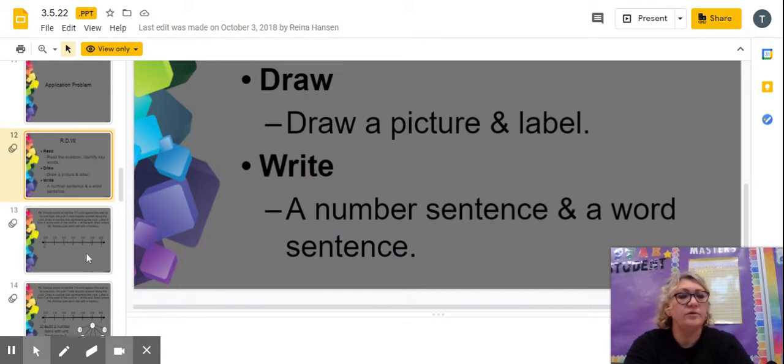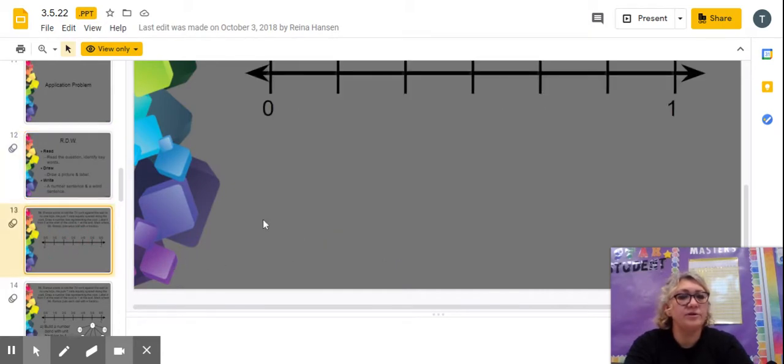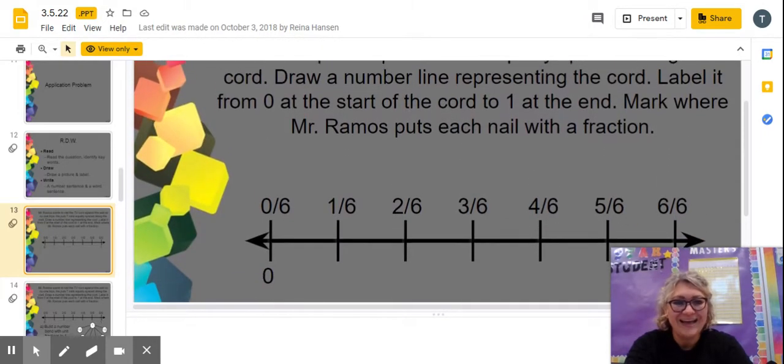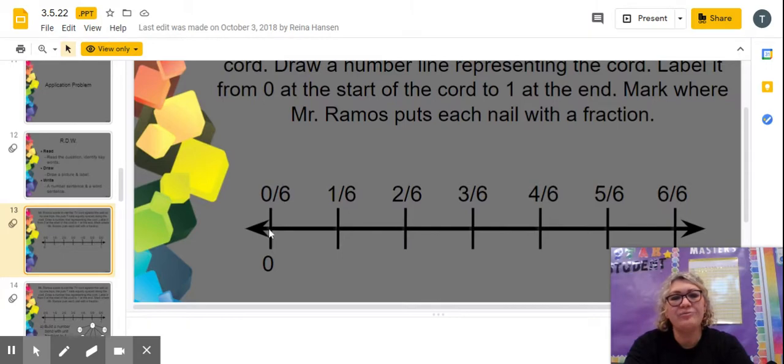So he starts at 0 nails, but he would put a nail here, so we would mark that.